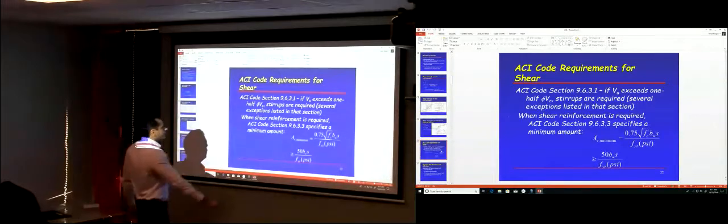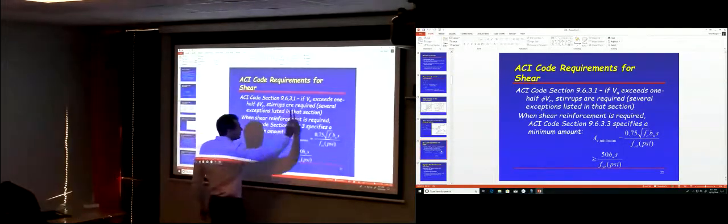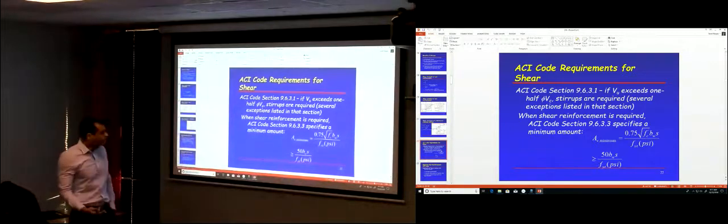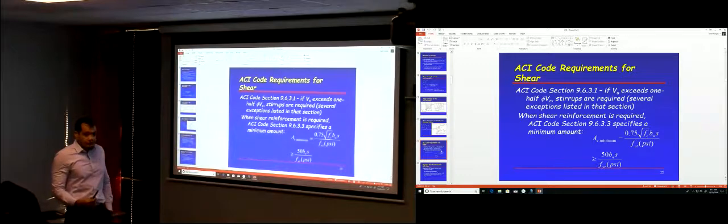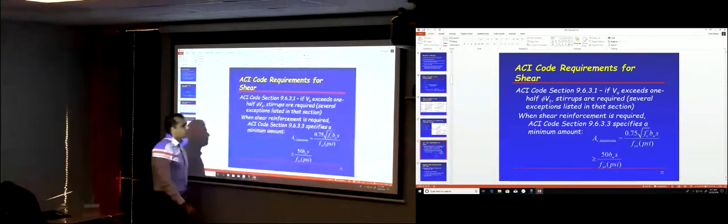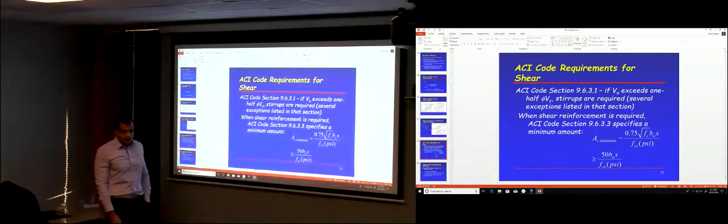The ACI code in section 9.6.3.1 says that if Vu, the shear force applied on the section, exceeds 1/2 phi Vc, even if it's less than phi Vc, you still need to provide stirrups. Stirrups are required, and there are certain exceptions to this.